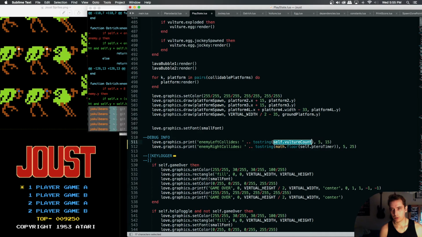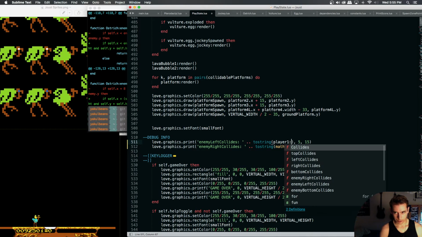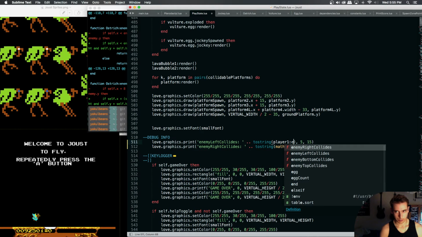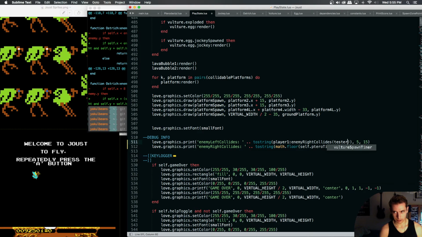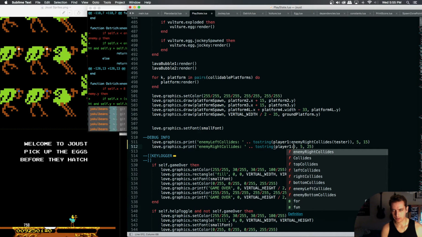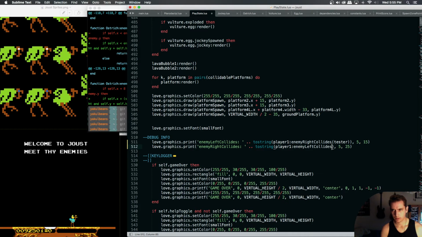And we're going to be converting our player 1 running that function, enemy right collides, on our tester object. We're converting the boolean of that to a string, concatenating it to this, and then we're doing the same thing with running enemy left collides with a tester object, converting that boolean to a string and printing it out 10 pixels lower.